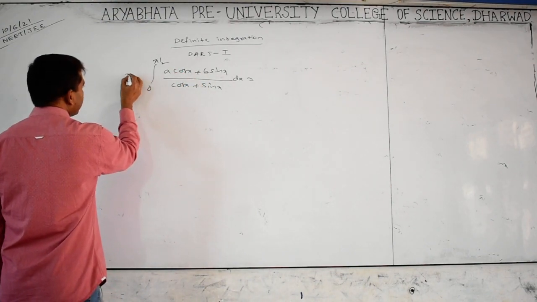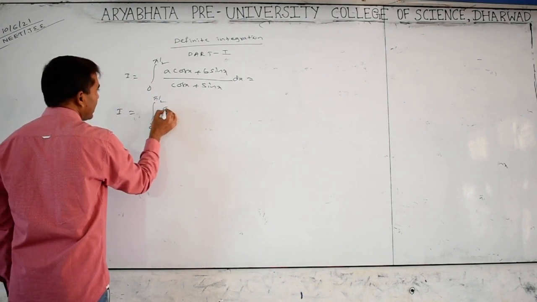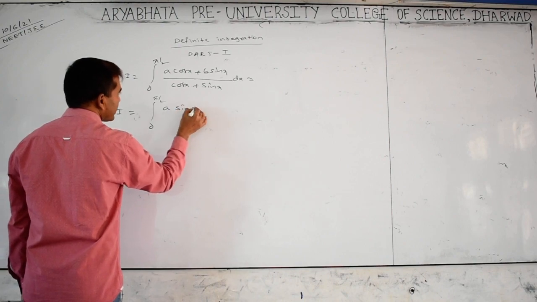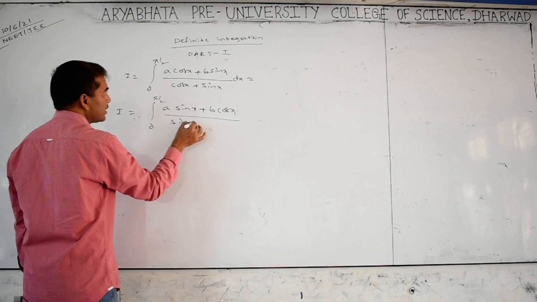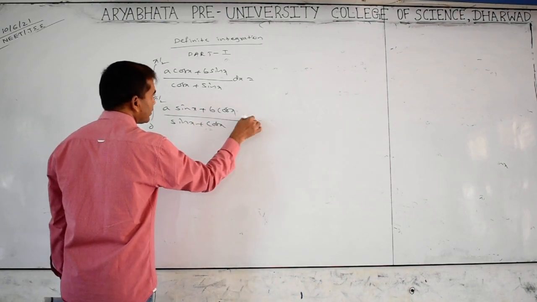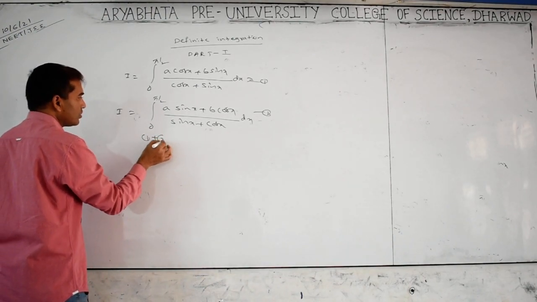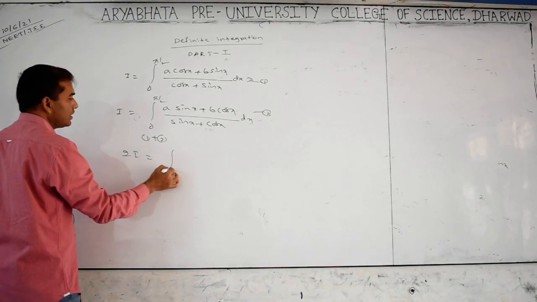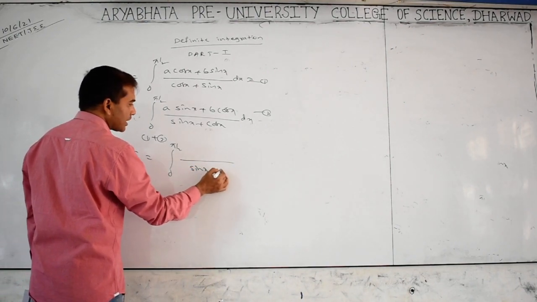Yes, let me take this as I. By applying the property we will get a cos(90 minus x) sin x, sin(90 minus x) cos x by sin x plus cos x dx. If you add this, we will get 2I on the left side, integral 0 to pi by 2, denominator is sin x plus cos x.